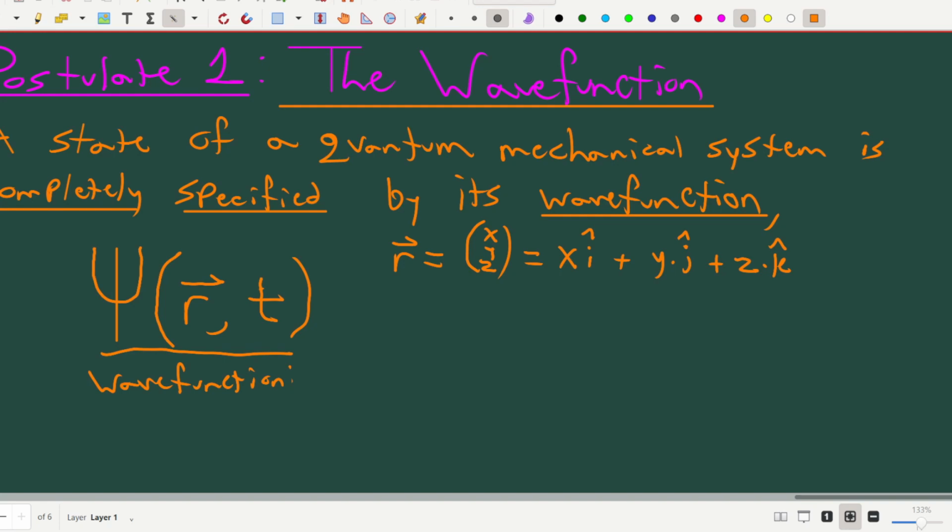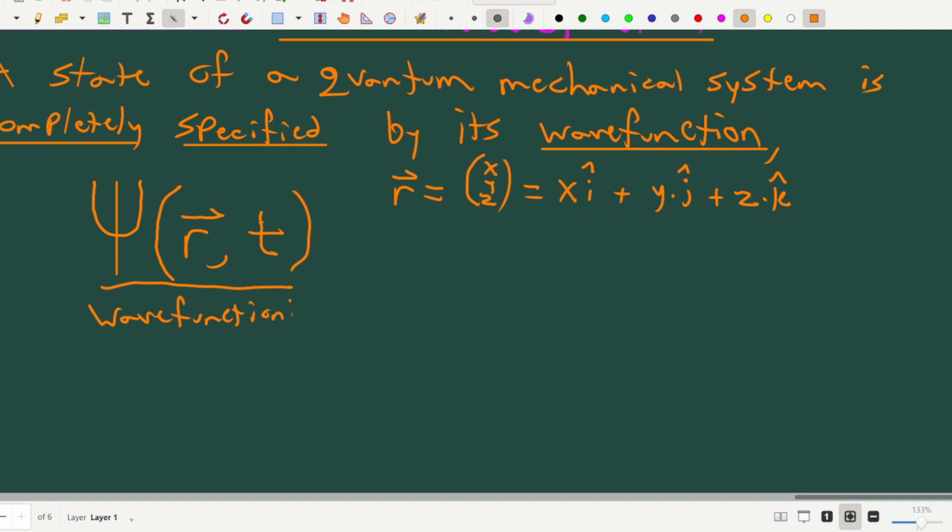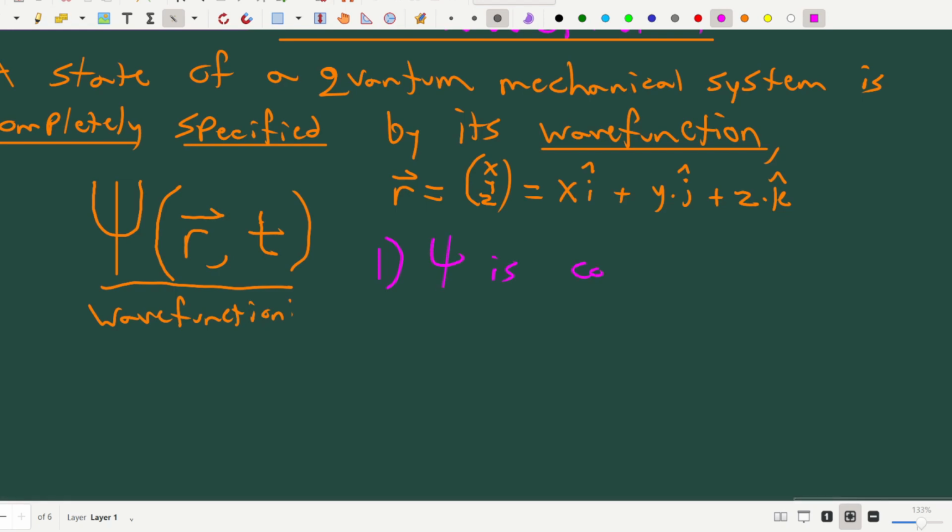Right? And the wave function has some properties. It has 2 big properties. One is very scary, but we'll get around the scary property. So the first property of it is that the wave function is complex valued.